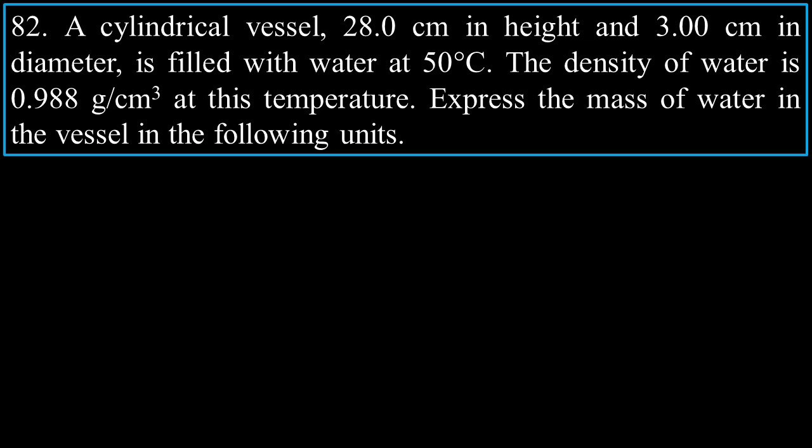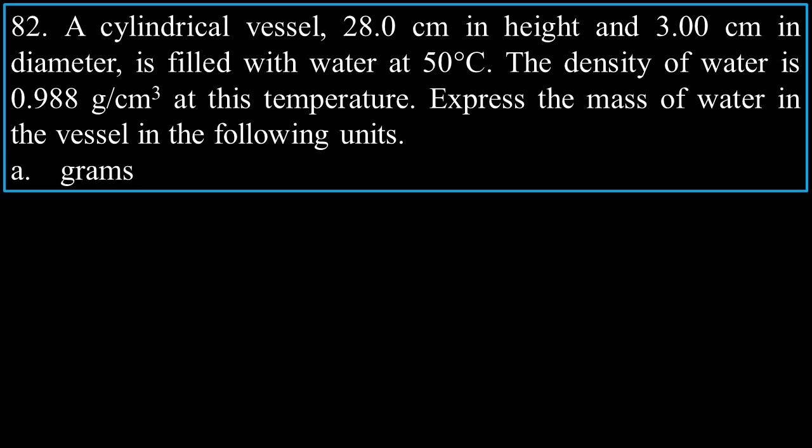Now remember, mass is density times volume. Volume is pi r squared h, so it'll be 28 times 3 squared times pi times 0.988 grams per cubic centimeter.